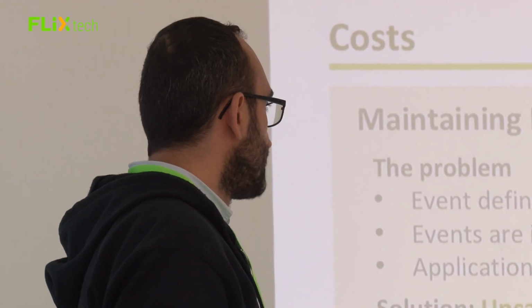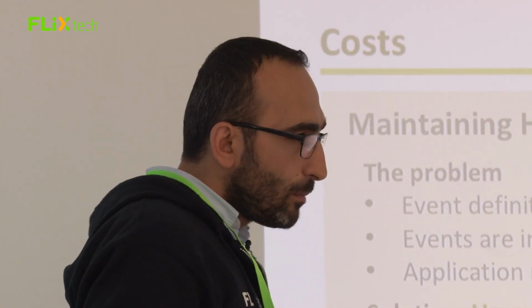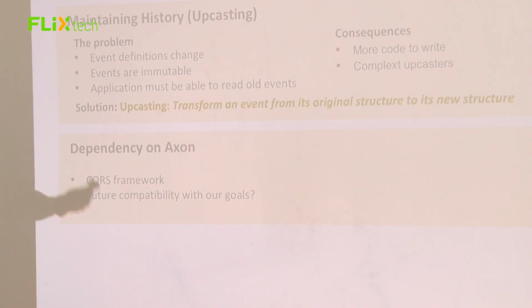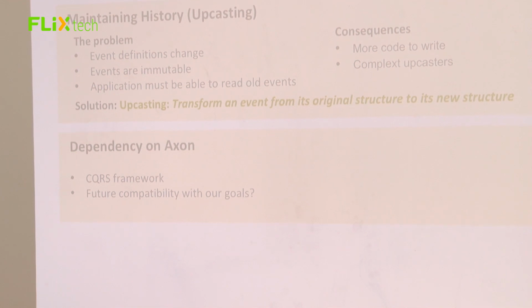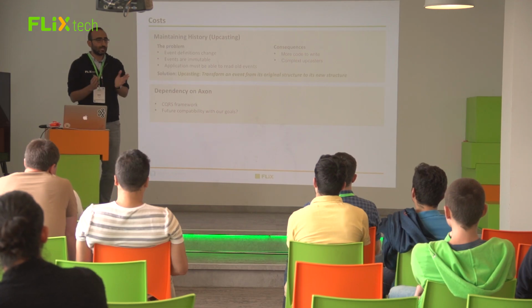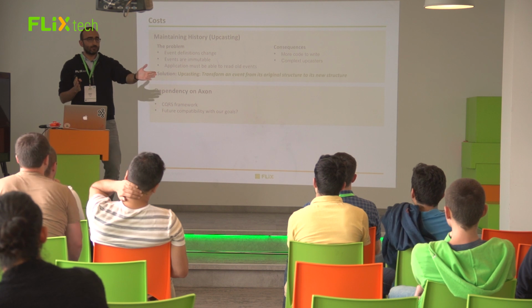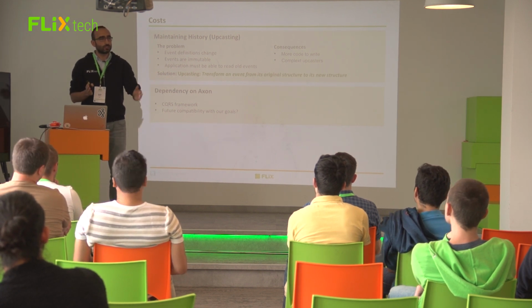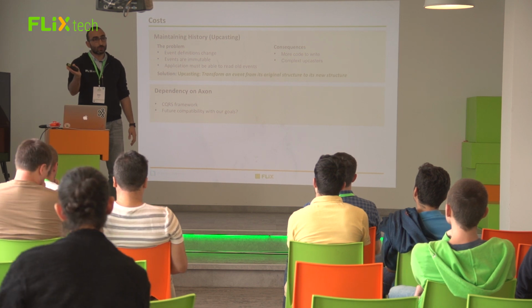Another challenge we are facing is that we are depending on a framework, which is a CQRS framework, while we decided just to go for event sourcing. So the future of that framework may be going in a different direction than our decision and our design.